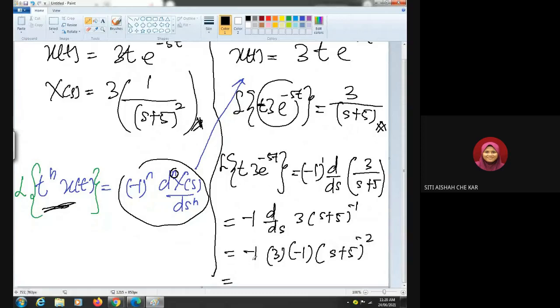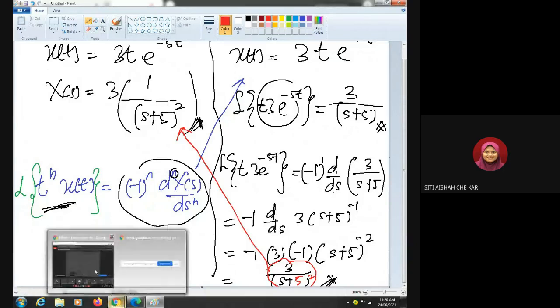So your answer is, so you can see here your answer is equal to this answer. Sorry. Saya salah sikit. 5 kan kat sini. Betul tak? Boleh? Betul. Ke pening? Boleh kan?